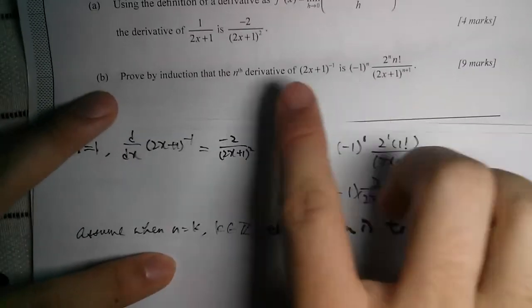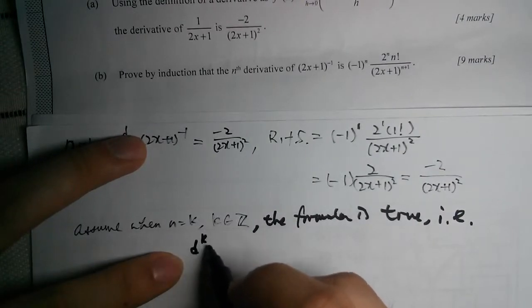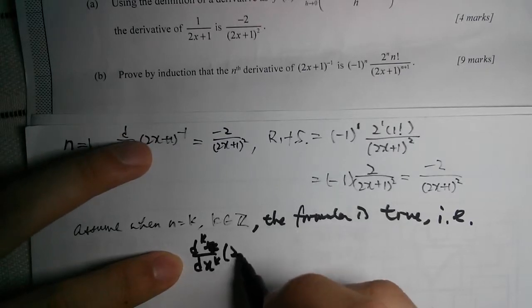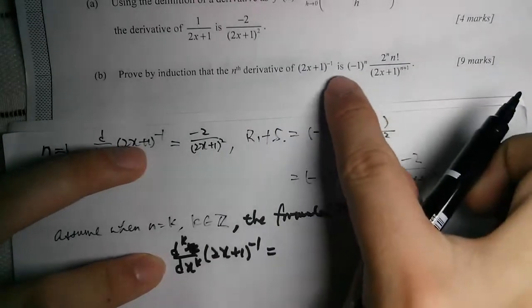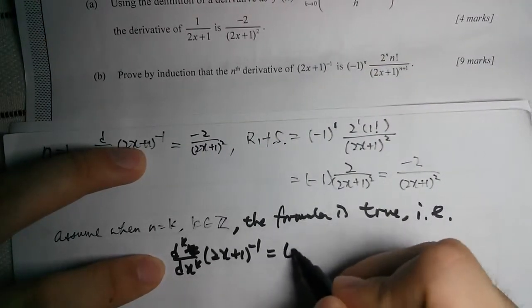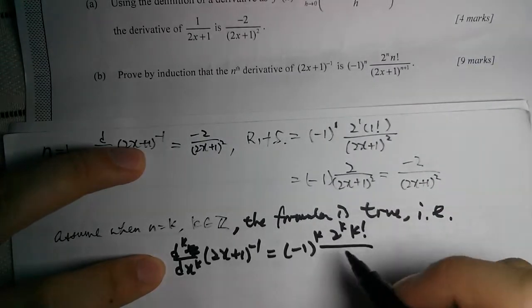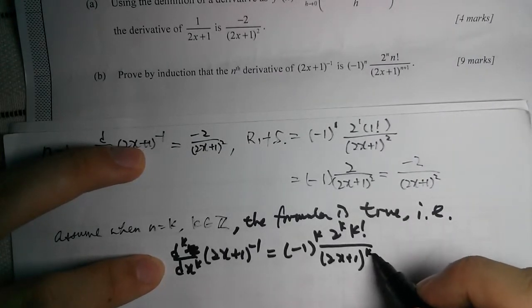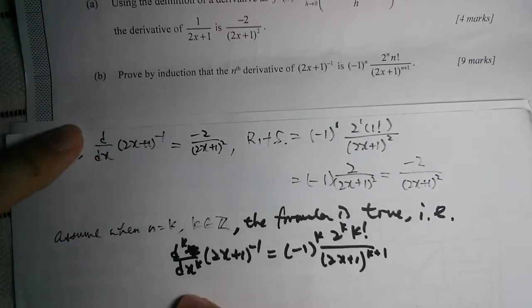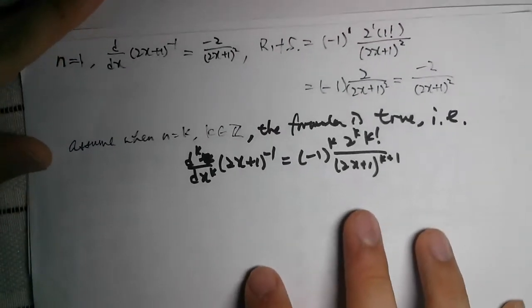I mean, if I actually differentiate this k times, the kth derivative, the answer would actually be this formula with n being k. So negative 1 to the k, 2 to the k, k factorial divided by 2x plus 1 to the k plus 1. Okay, so this is assumed to be true for some k, like maybe k is 1000, we don't know, it's just an assumption.